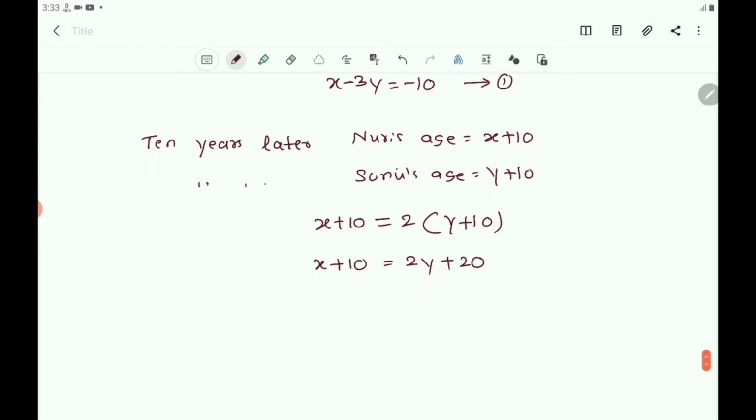Then you transfer 2y to the LHS and 10 to the RHS, so it becomes x minus 2y is equal to 20 minus 10, which is 10. That is the second equation you got.